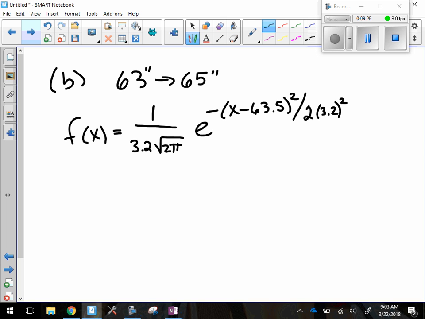So you're going to have to put this into your calculator and use numerical integration. It's still gross. But let's at least try to make some things into decimals so it'll be easier. So for instance, what's 1 over 3.2 times radical 2 pi? What decimal will that be? Let's put a couple more sig figs in there.